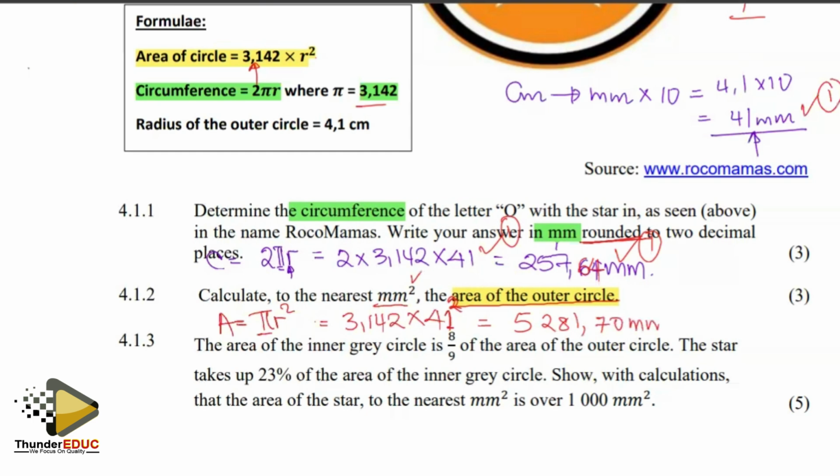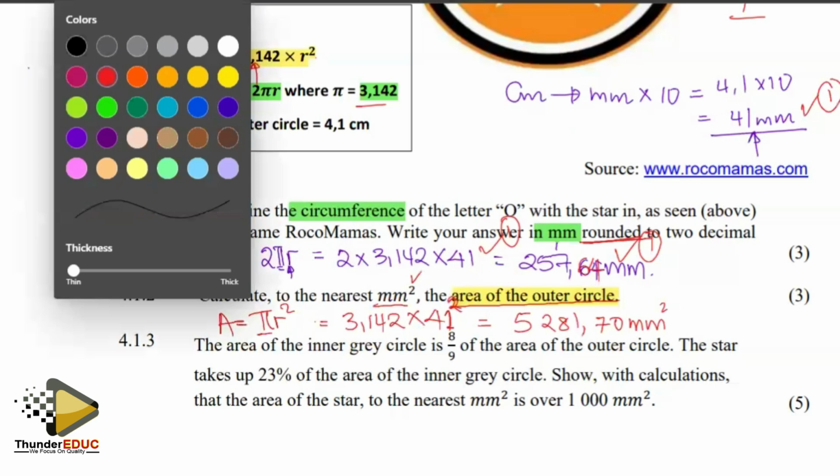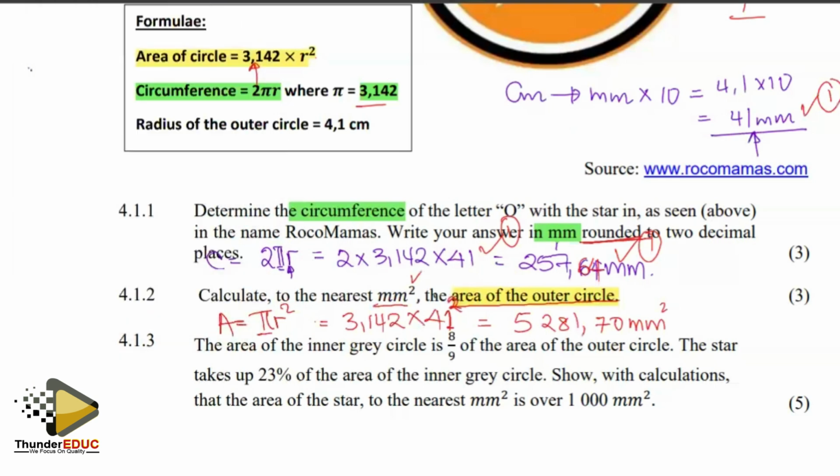These are millimeters squared. How do you think this was marked? 1 mark for substitution. 1 mark for getting the answer. Another mark for the units.